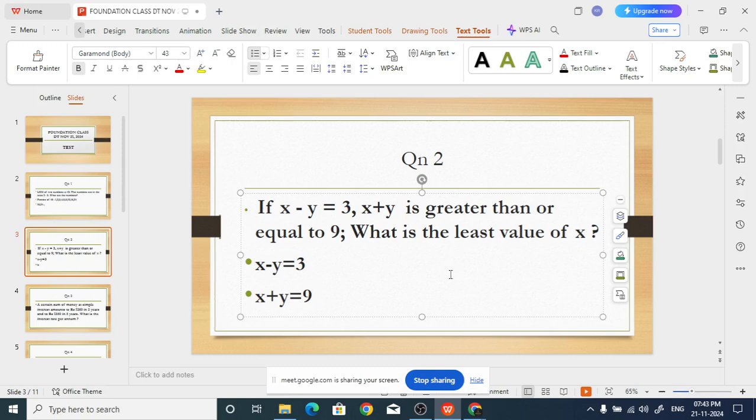You add both the equations. On the left hand side, you will get 2x. If you add equation 1 and equation 2, you get 2x is equal to 12. Then x should be equal to 6. Yes or no?